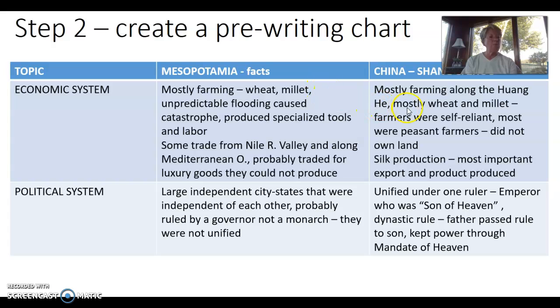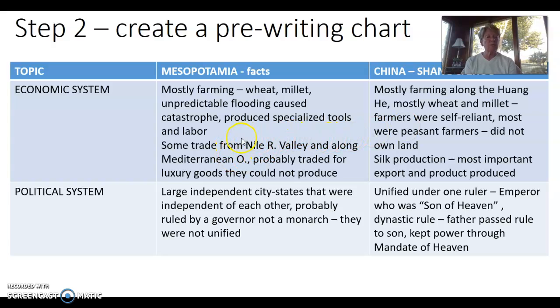So we have wheat and millet, and the problem with the Mesopotamian region was that these unpredictable floods caused catastrophes. And probably the other aspects were that farmers, although they were self-reliant, most of them were peasant farmers, which means they did not own their own land.